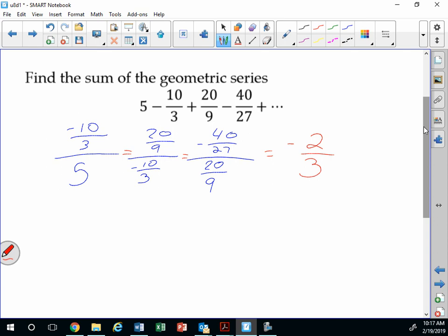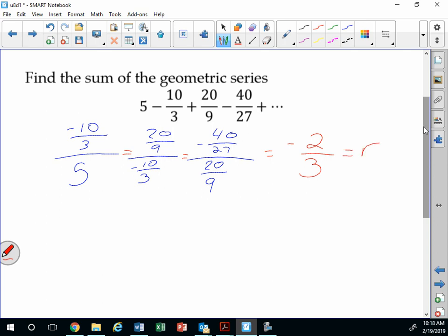How do we find the number? Why is it negative 2/3? You take the next term and divide it by the previous term. 10/3 divided by 5 is negative 2/3. 20 over 9 divided by negative 10/3 is negative 2/3. Negative 40 over 27 divided by 20 over 9 is negative 2/3. So this is R.